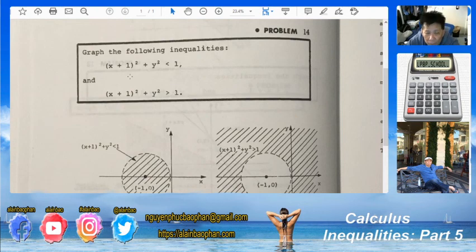Okay, so first of all, in pre-calculus, we have x square plus y square equal 1.